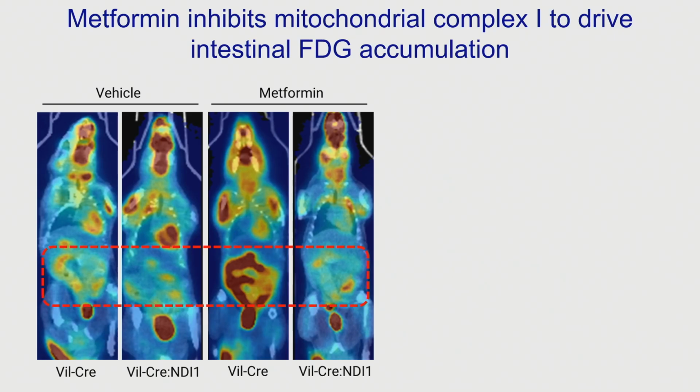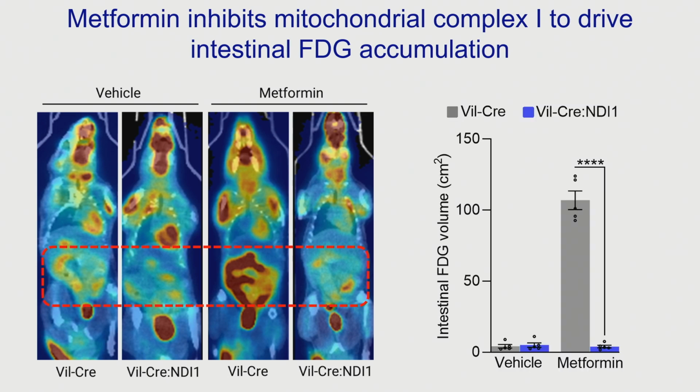And you can see the data is almost night and day here. With metformin, in the Villin-Cre control, you can see this light up in the colon and the intestines, and it's largely abrogated with the overexpression of NDI1, implying that metformin must be hitting mitochondrial complex 1, right?